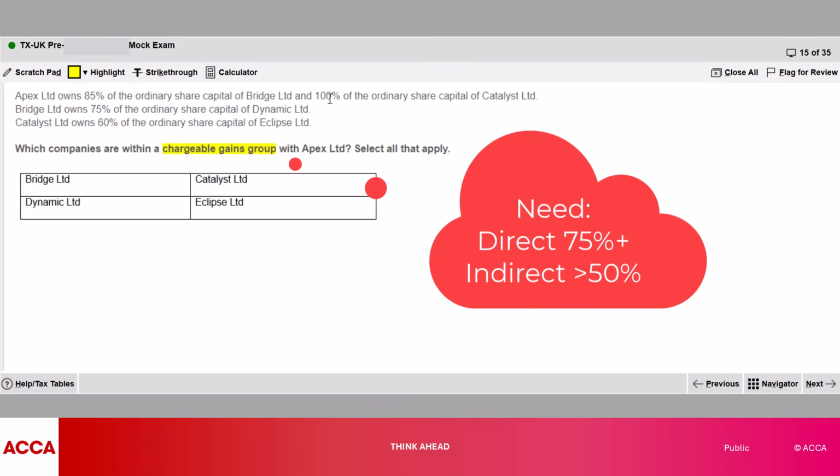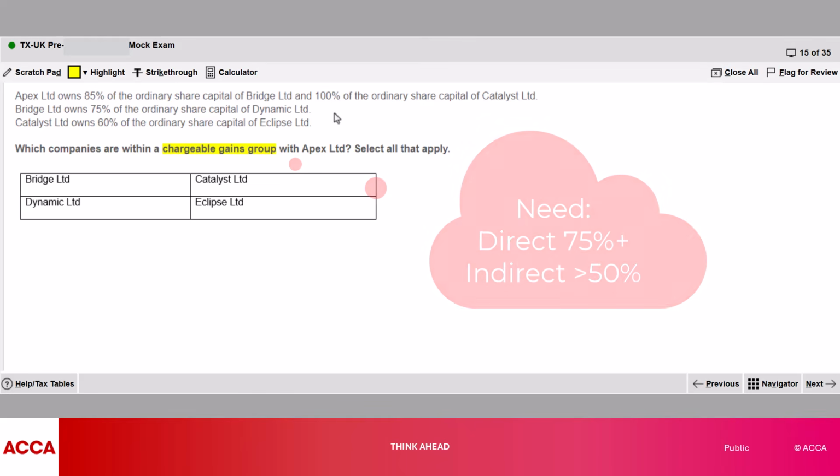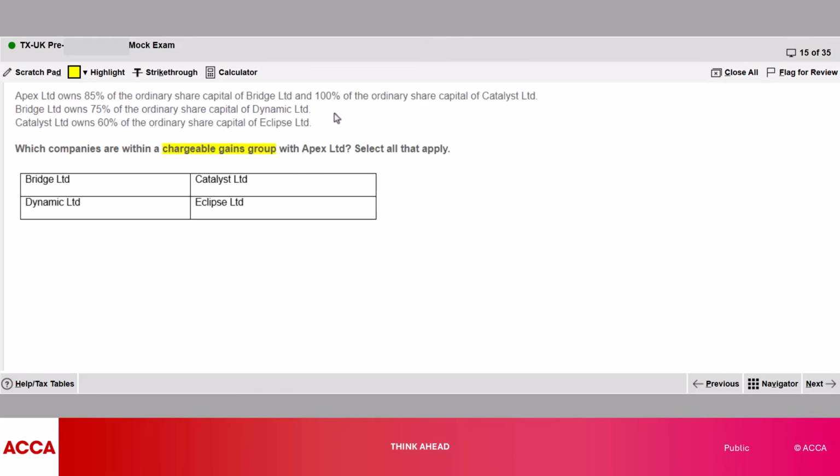Now in this one, we're given details about the various shareholdings, but we don't actually have a group structure diagram. So the first thing that I would do is to construct a group structure. Think about which company owns which other companies, and then we can start to get an idea about which companies are going to be in the same gains group as Apex Limited, which is our ultimate parent company.